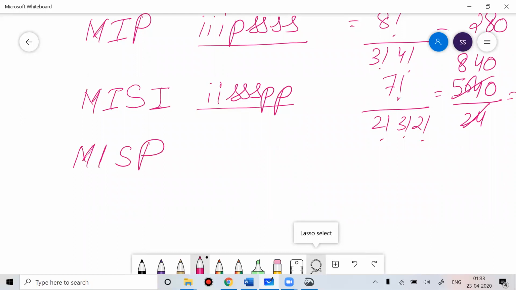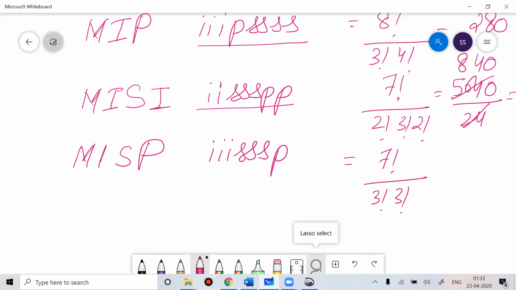So MISP. How many can you make? 3 I's, 3 S's, and 1 P. So this would be 7 factorial divided by 3 factorial, 3 factorial. 7 factorial is 5040, divided by 6 into 6, you get 36.